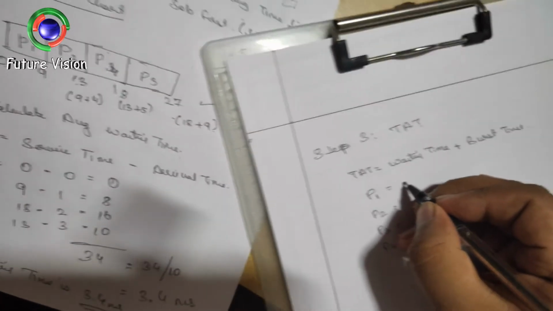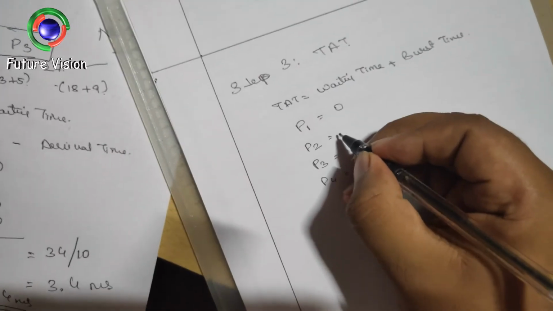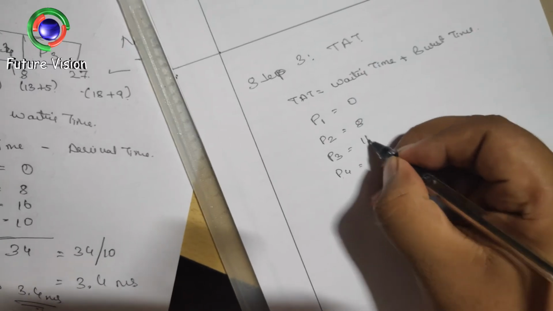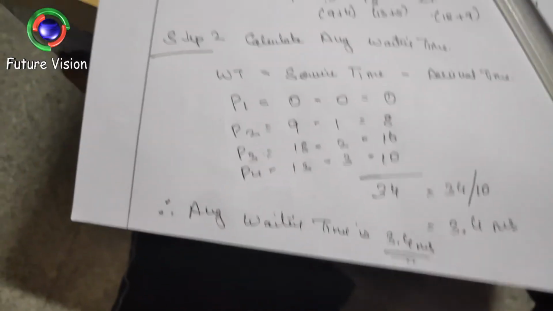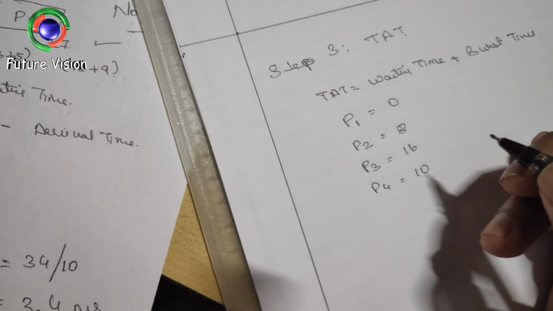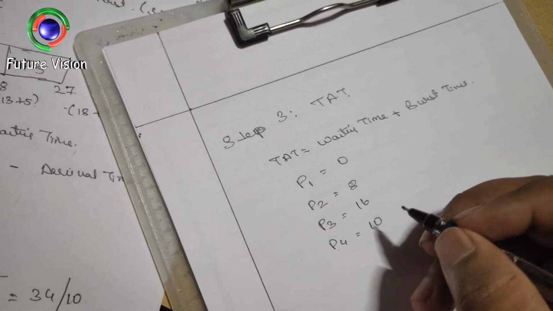P1's waiting time is 0 as we calculated. 0, 8, 16 and 10: the same values from step 2 are taken down here. Now burst time.